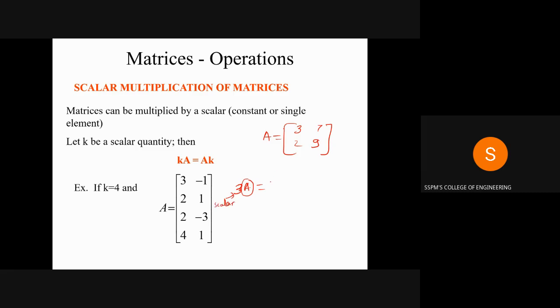So that is 3 into 3 7 2 9. You just directly multiply this number to every element in the matrix. So 3 into 3 is 9, 3 into 7 is 21, 3 into 2 is 6, and 3 into 9 is 27. This is very easy to solve. In scalar multiplication, you just directly multiply that scalar to every element in the matrix.